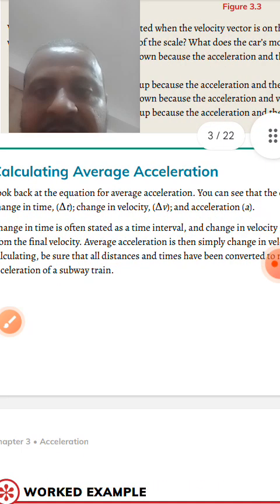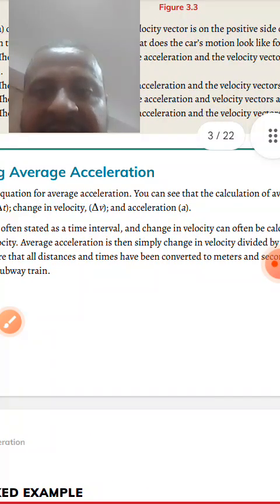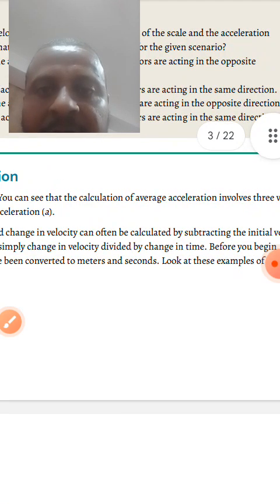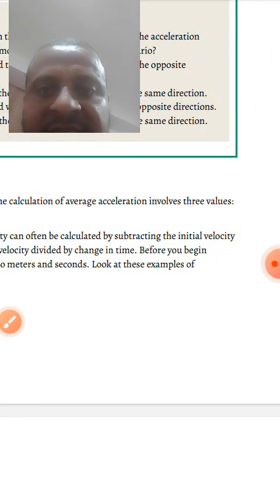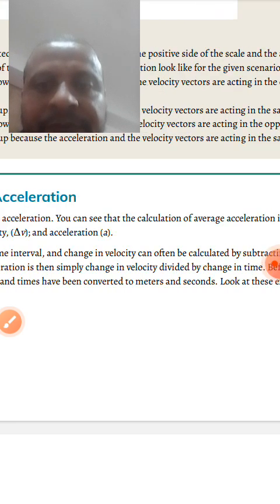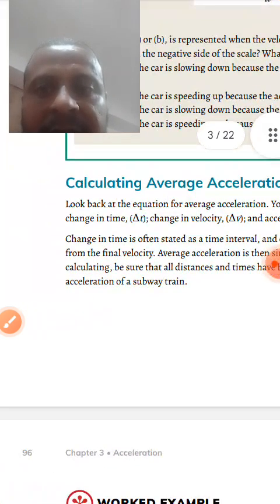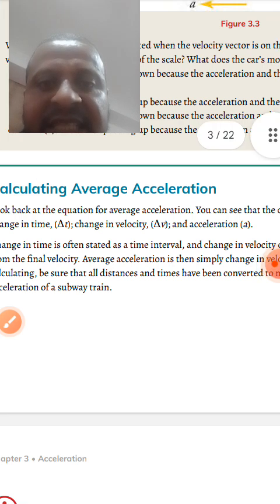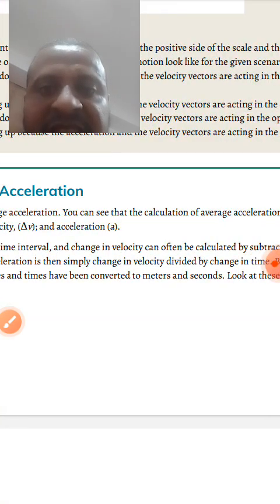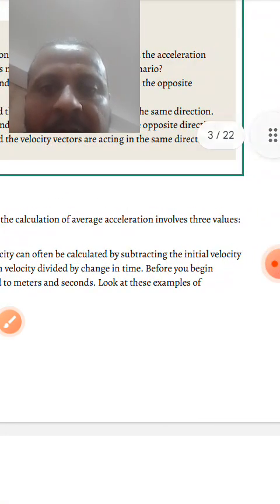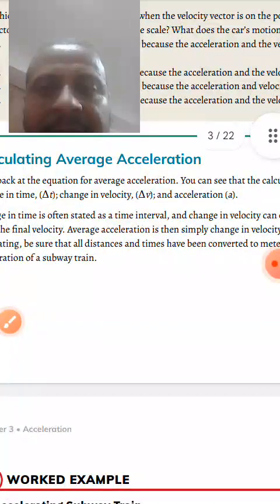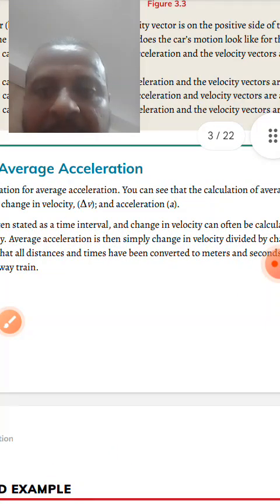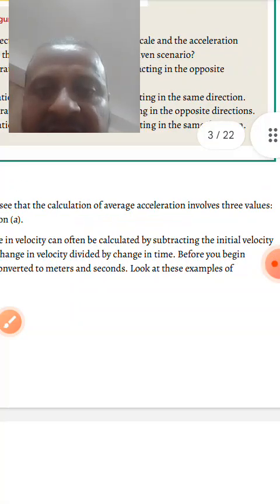Change in time is often stated as a time interval, and change in velocity can often be calculated by subtracting the initial velocity from the final velocity. Average acceleration is then simply change in velocity divided by change in time. Before you begin calculating, be sure that all distance and time have been converted to meters and seconds.